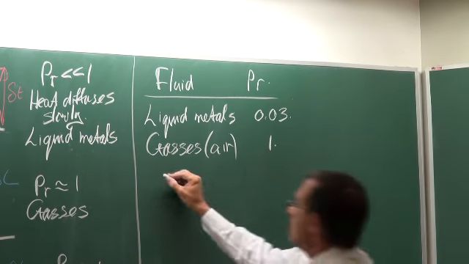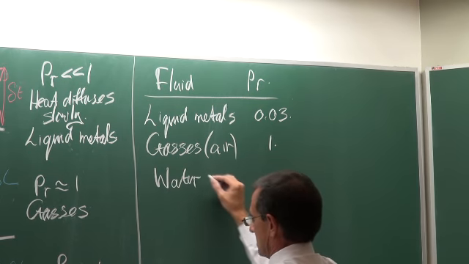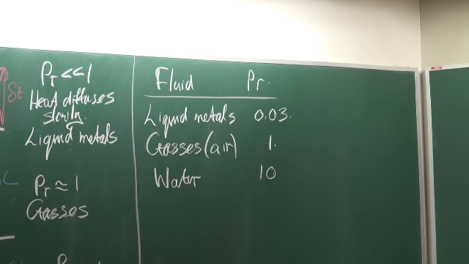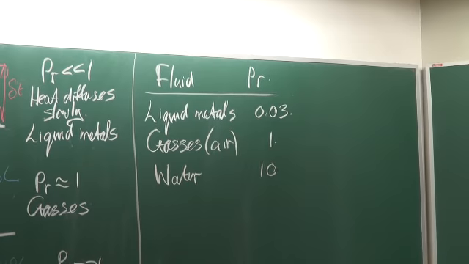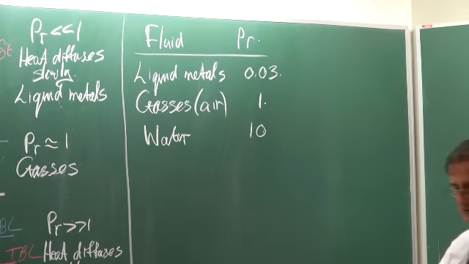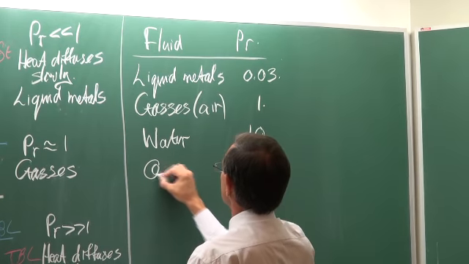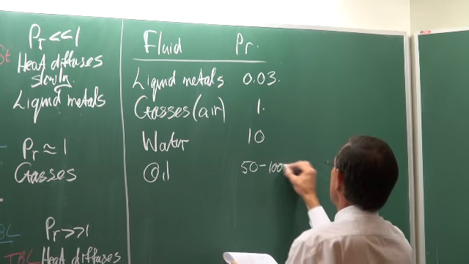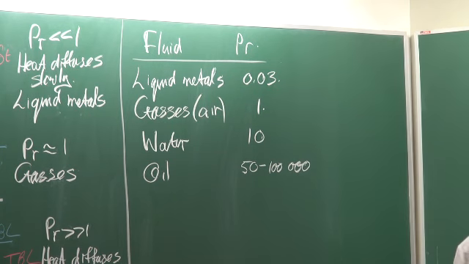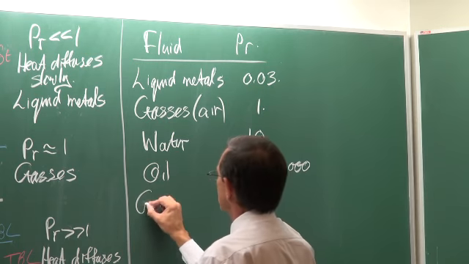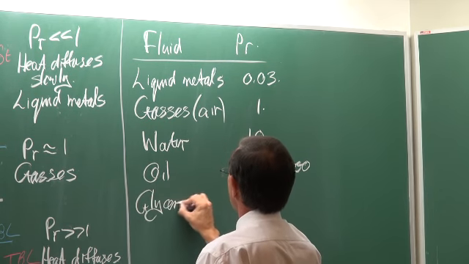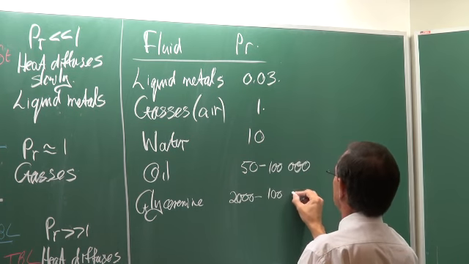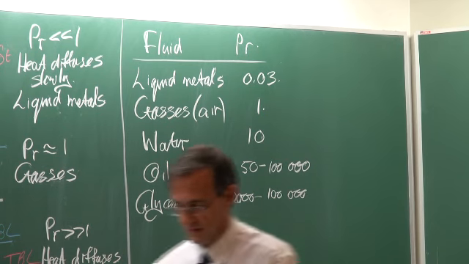Water, about 10. Water at 20 degrees Celsius has a Prandtl number of about 7. Then glycerine and oil, let's first do oil. Oil is typically about 50 to 100,000. And then glycerine is about 2,000 to 100,000. Very, very high values.